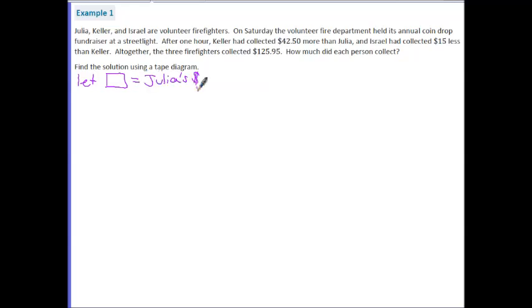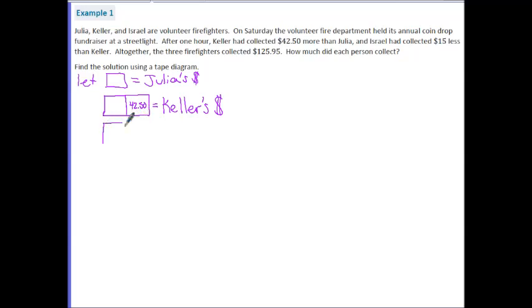It told us that Keller had collected $42.50 more than Julia. So that would be added on to Julia's amount. So here's Julia, and then this would be $42.50. So this would equal Keller's amount. The last part defines Israel's amount, and it said that Israel collected $15 less than Keller. So if he collected $15 less than Keller, what I want to do is subtract 15 from $42.50.